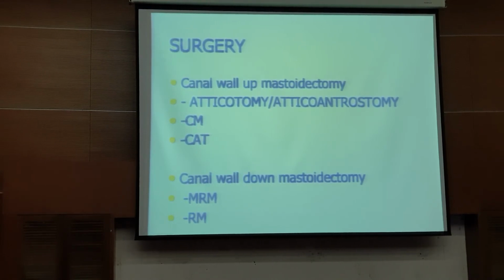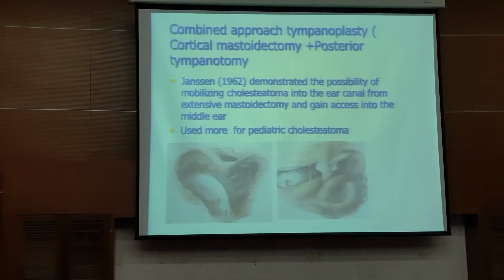Chorda tympani medially. So if you have this slide, you can say that this is the facial nerve. Okay, this is supposed to be the chorda tympani here. So this is anterior, this is posterior.